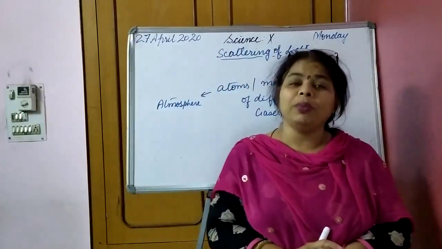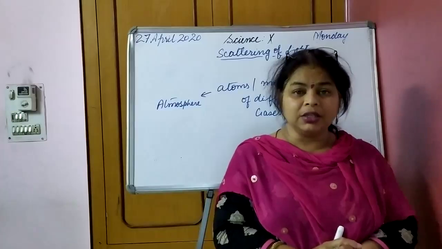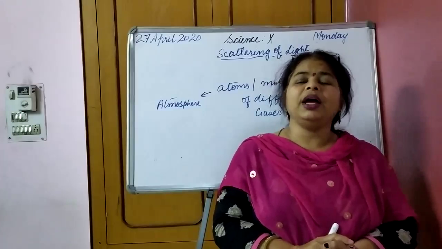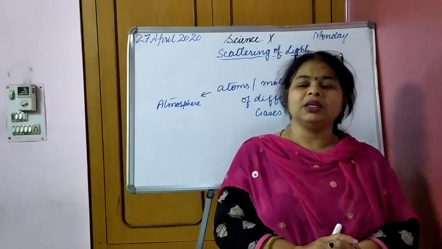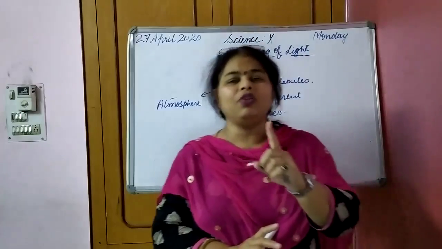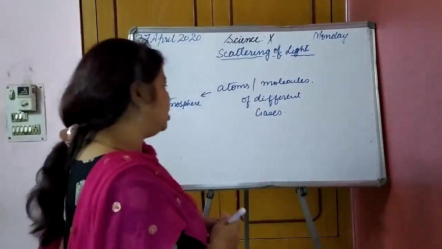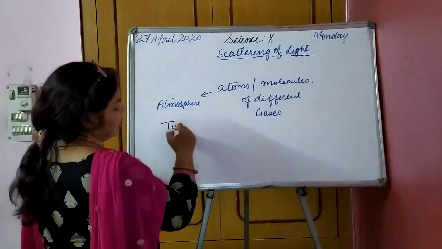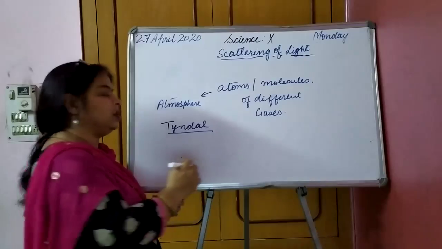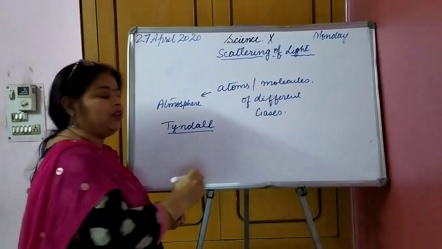It is the phenomenon of scattering of light by dust particles or smoke particles or tiny water droplets that are suspended in air. Okay. Scattering of light. I am saying again, Tyndall effect. Tyndall, double L. Tyndall effect.